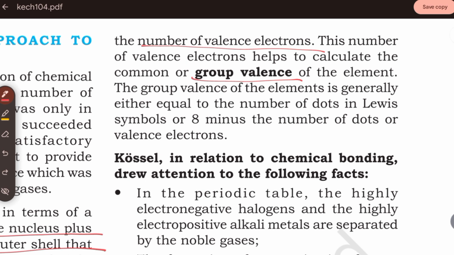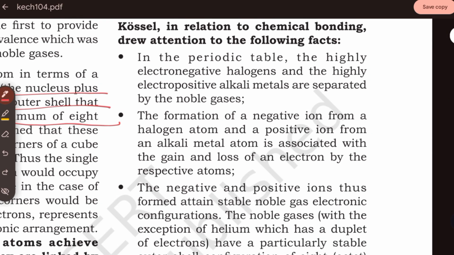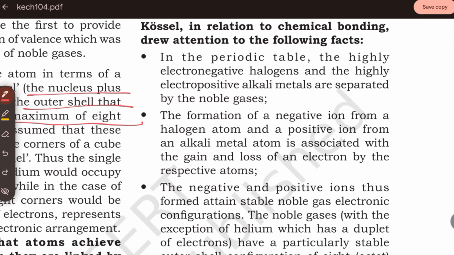So the Lewis structure, the Lewis symbol, actually includes the symbol of that element along with how many valence electrons there are. Now, according to Kossel, in relation to chemical bonding, let us see in the periodic table: highly electronegative halogens, that is group 17 elements, and highly electropositive alkali metals, group 1 elements, are separated by the noble gas.